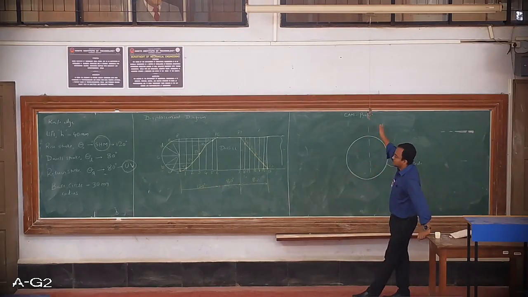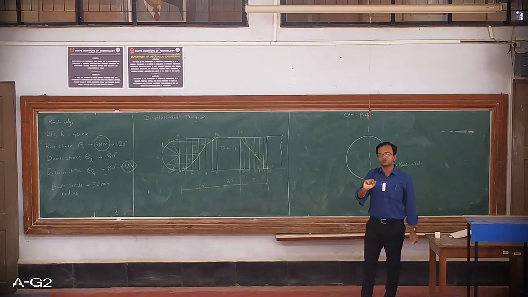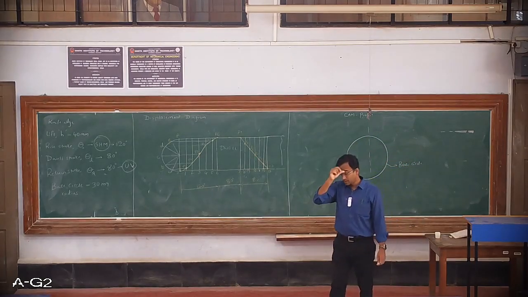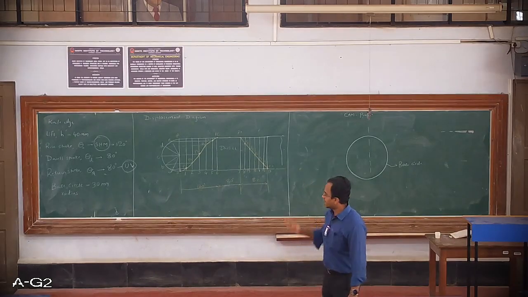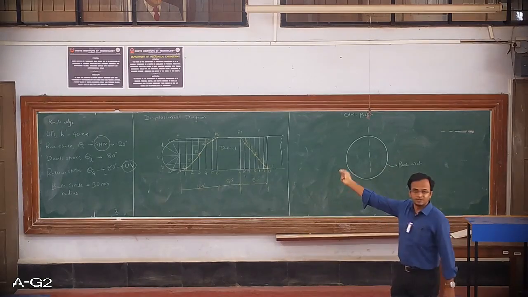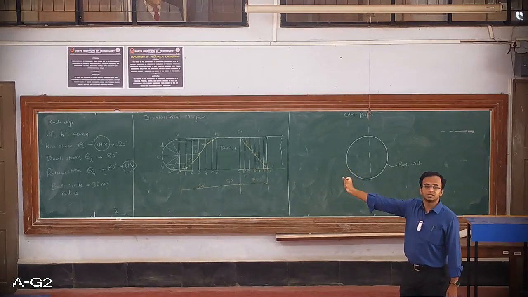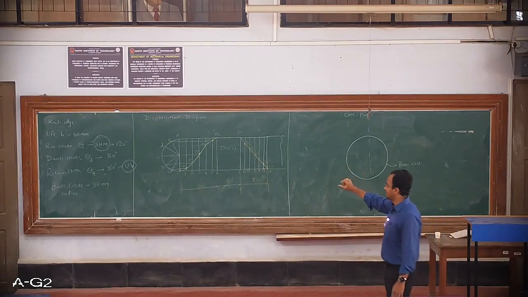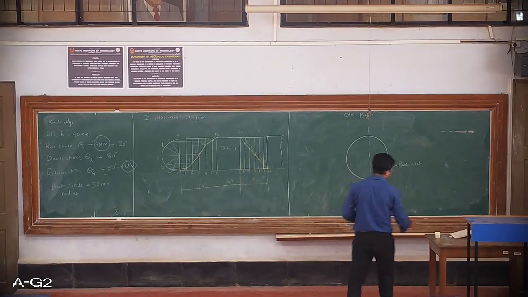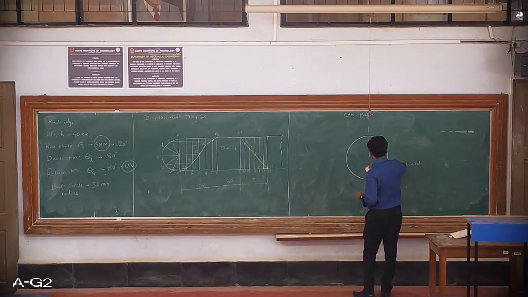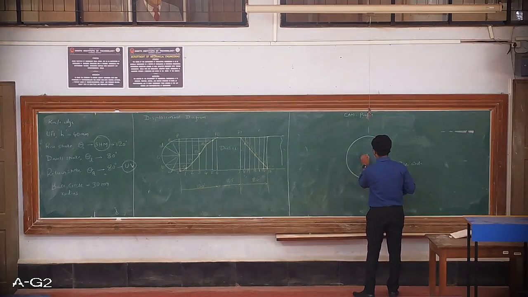Whether the follower axis is in line with this or offset is not mentioned in the problem. When it is not mentioned, it is to be understood that it is in line, because had it been offset, they would give you the offset distance. Since no offset value is mentioned, the axis of the follower and the axis of the cam are in line.